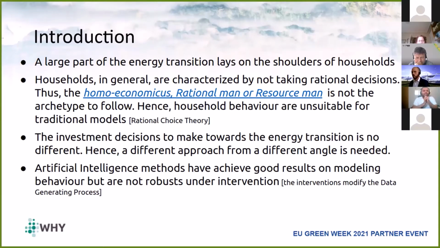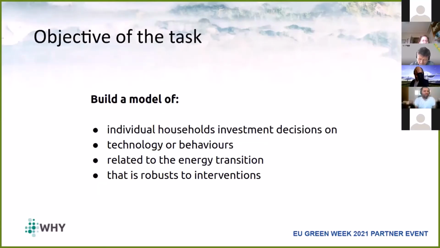The main problem is that this data is not valid, because whenever you make an intervention, this data is automatically out of date. You have to throw it out, because the intervention modified the data generation process, and artificial intelligence methods are good when the process that generates the data doesn't change. So this is something that we need to take into consideration. So we need to do different things. So this is why we use causal models.